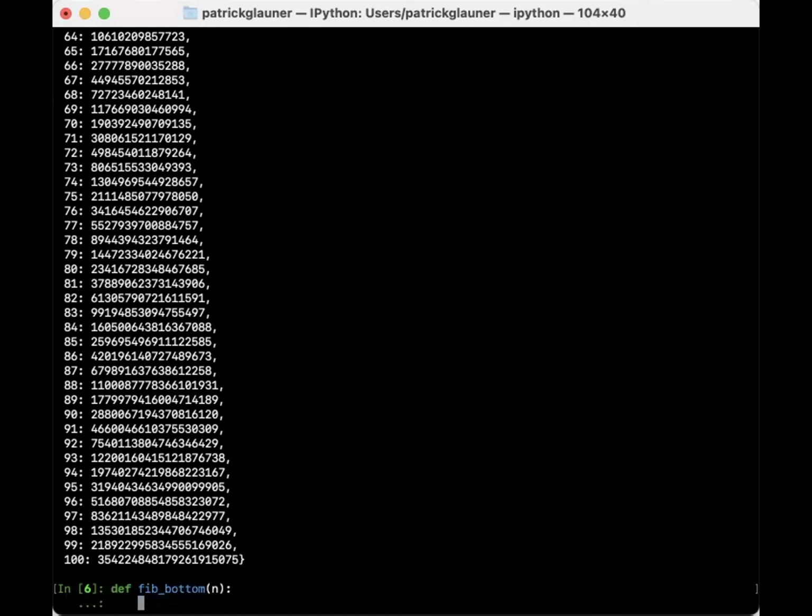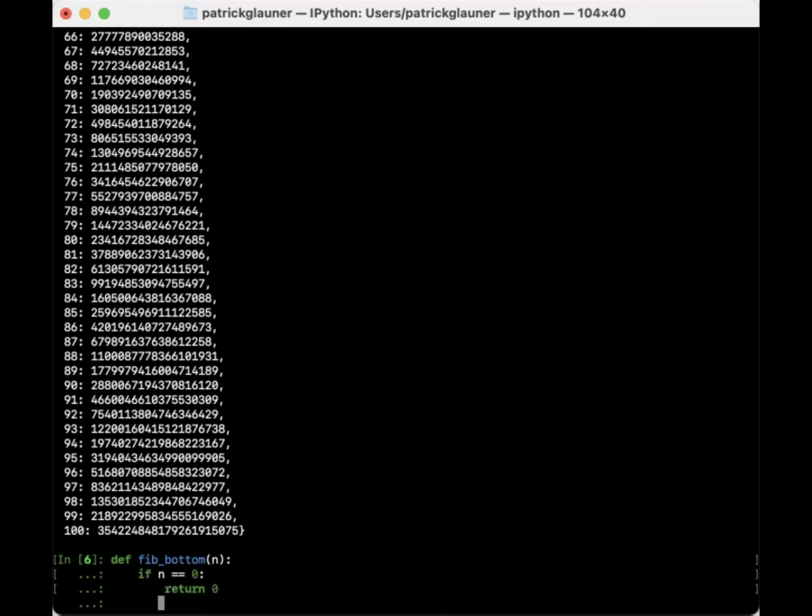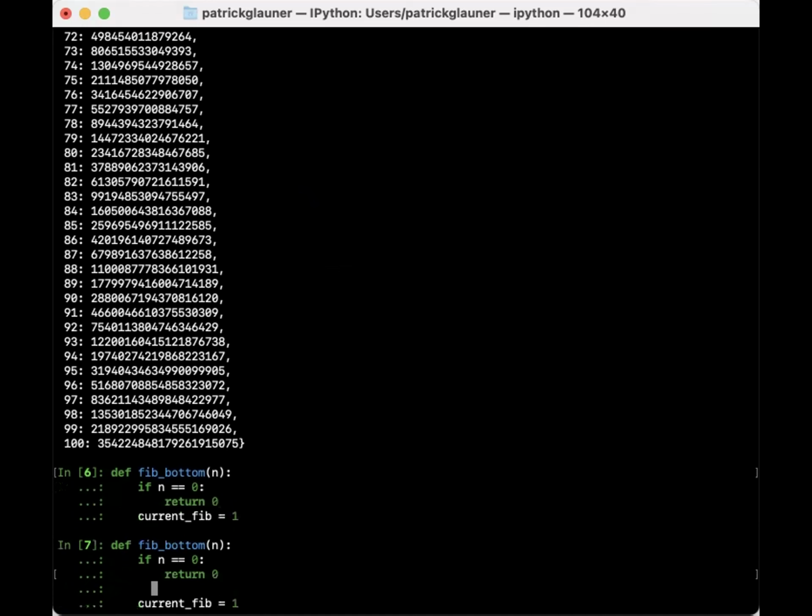And fib bottom is, first of all, we need to check a corner case where n is 0, because we need to start with something. And if n is 0, it's just the smallest possible Fibonacci number, we return 0. And now we will calculate our current Fibonacci number from previous Fibonacci numbers. So if n is greater than 0, we need to do a little bit more.